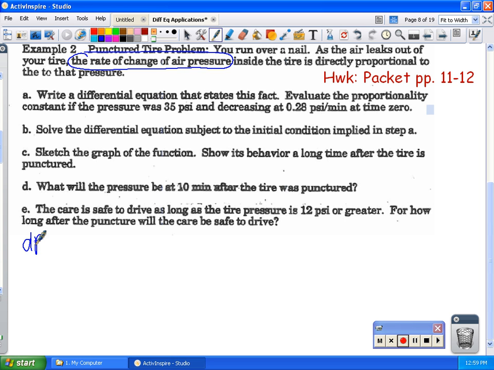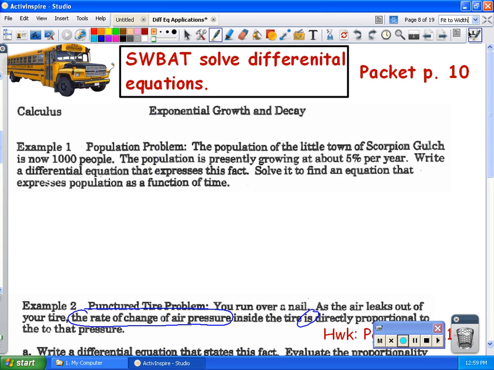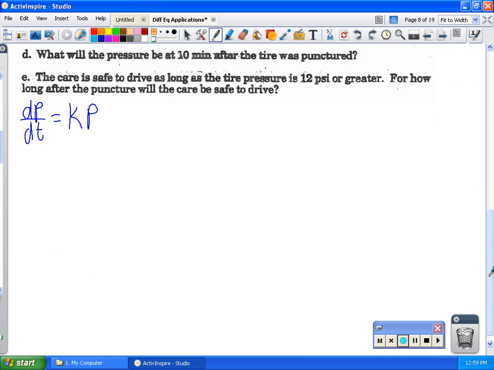The rate of change of pressure with respect to time is equal to, here's my is, and it's another directly proportional, so there's my constant of proportionality, to the pressure. So you can see, wow, this is exactly the same scenario that we had before, but this time, instead of having money, we have pressure. Let me see if I can get a little bit more working space here. Good, that works.